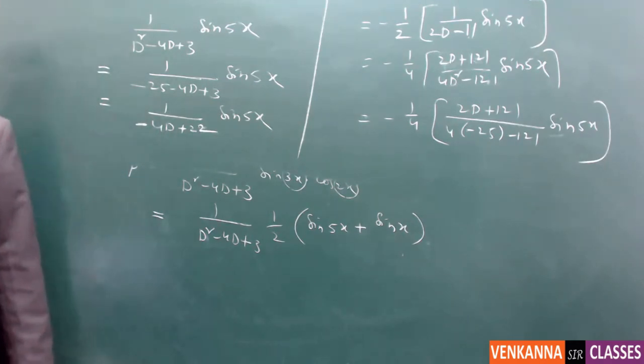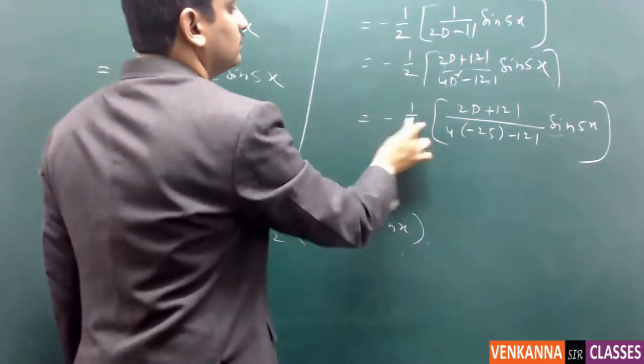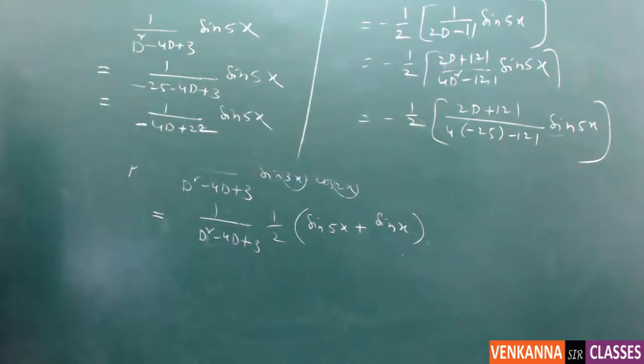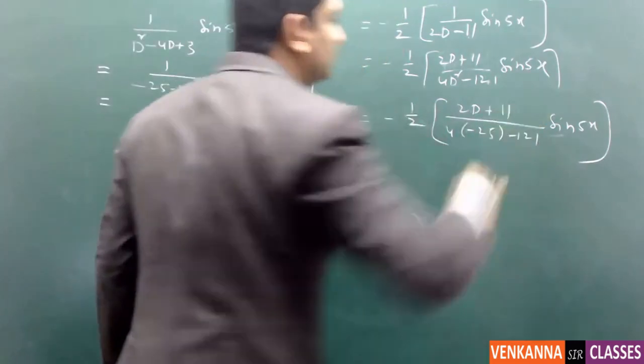Accepted now? Say. Here also you have the same thing, 2d plus 11.